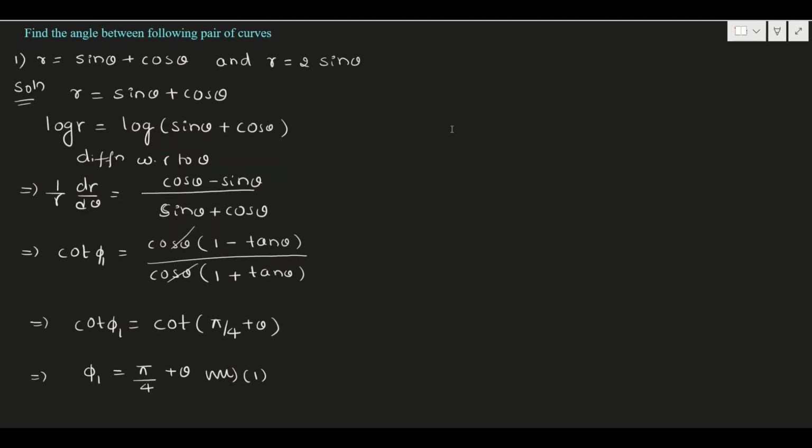Now, the second curve: r = 2 sin theta. When you take log on both sides, log r = log 2 + log sin theta. Differentiate with respect to theta. It is 1 by r dr by d theta.